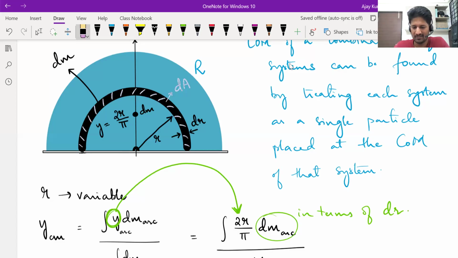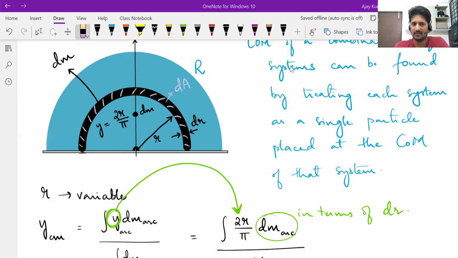Pawan, can you repeat? dr and r. What is the meaning of dr, Pawan? A small radius. Small change in radius. It's not a small radius. It's indicated there in the diagram. No, dr is the thickness of the semicircular ring that we took.